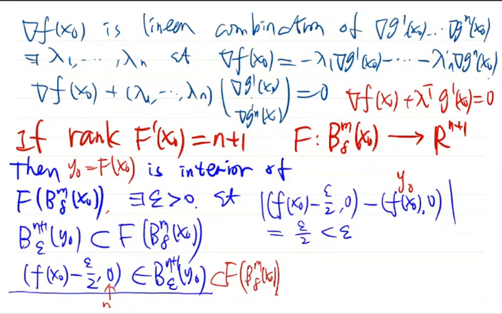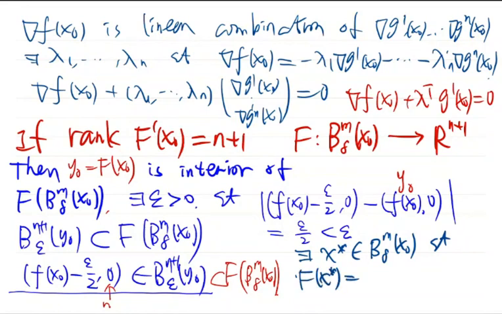So we can find a point. There must exist some point x star in this delta neighborhood of x0, such that capital F(x star) is (f(x0) minus half of epsilon, 0). I have no place to write, I will write it on the next page.